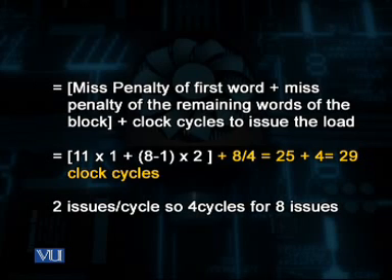So 4 cycles for 8 issues in this particular case, and this gives us a total value of 29 clock cycles as the miss penalty in case of without critical word first.